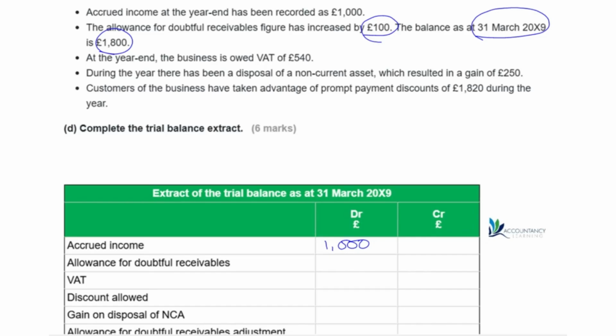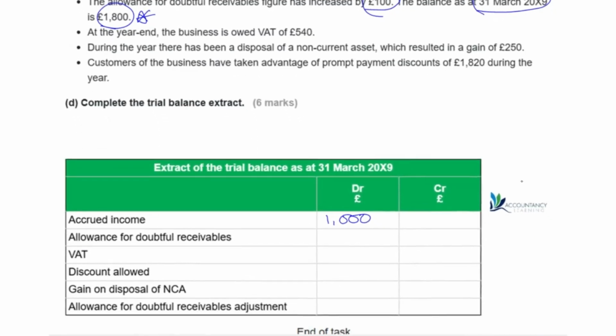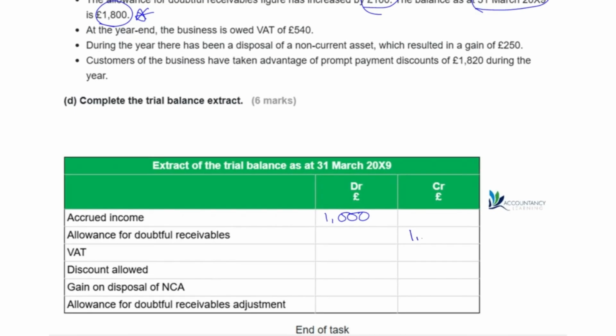So we don't need to do anything with that 100 because we're doing the year end and they've told us what the figure is here. That £100 has already been added on. So it's going to be a liability, it's a provision for us, so a credit.